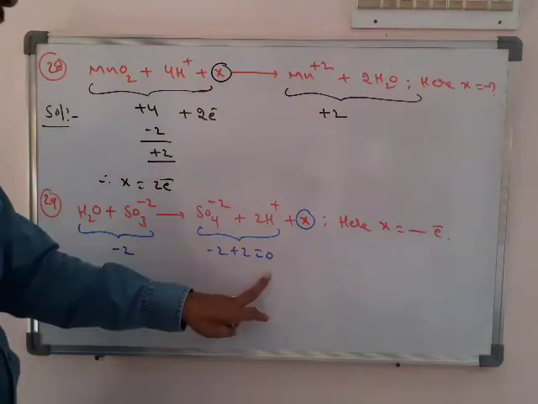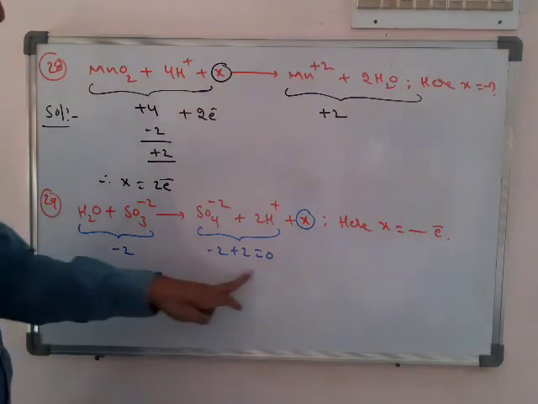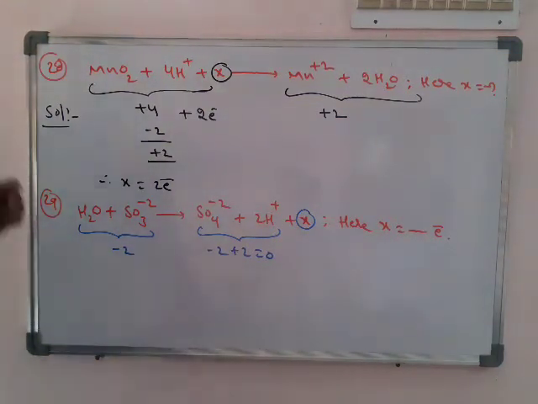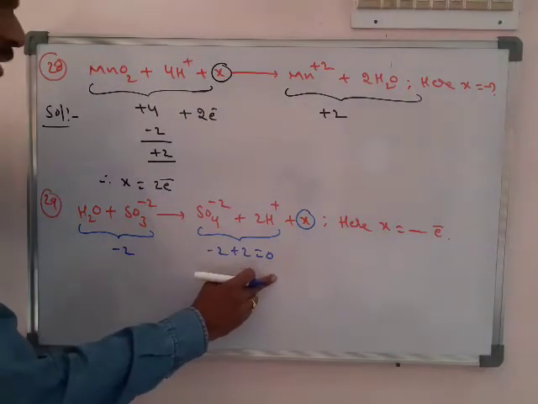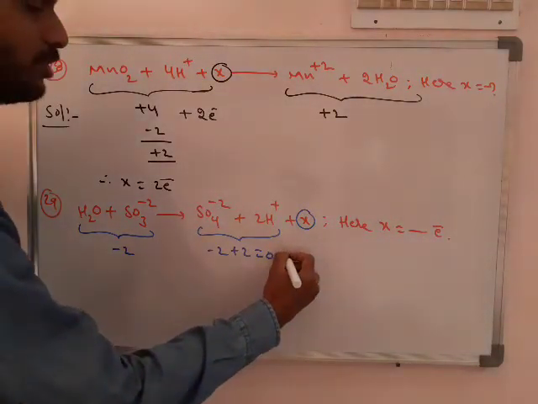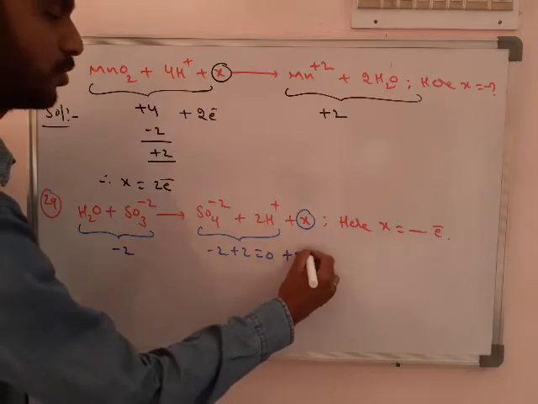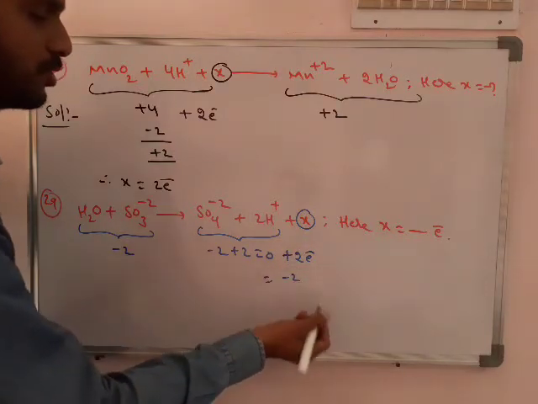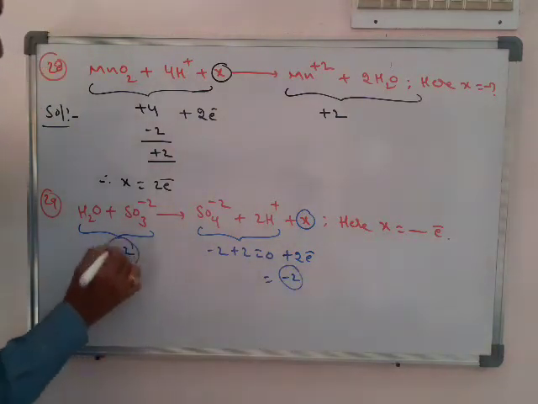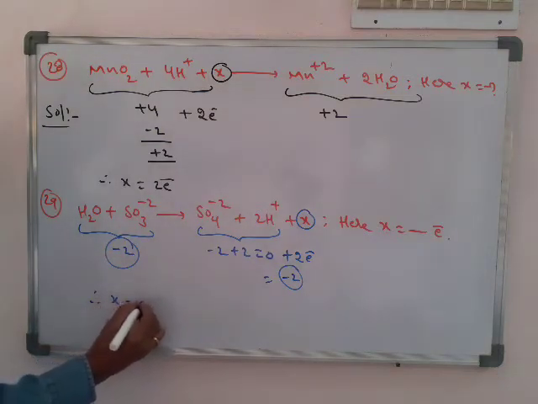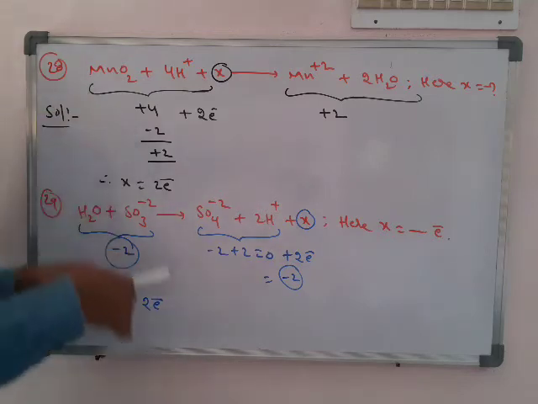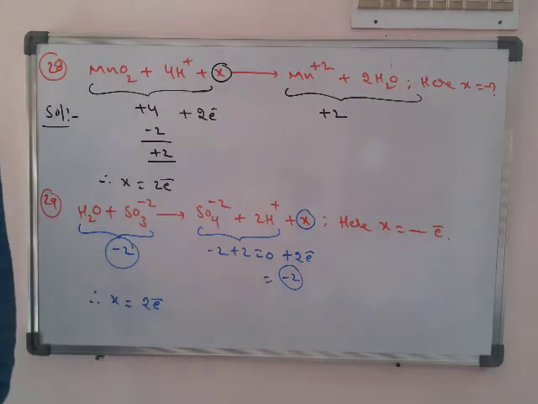How many units higher? 2 units higher, so we have to add 2 electrons to the left side, and automatically the total charge becomes -2 and -2. Therefore X equals how many electrons? Here also 2 electrons, on the left side.